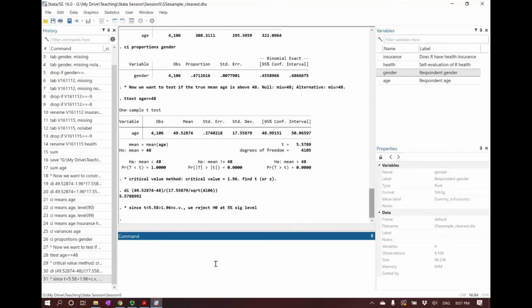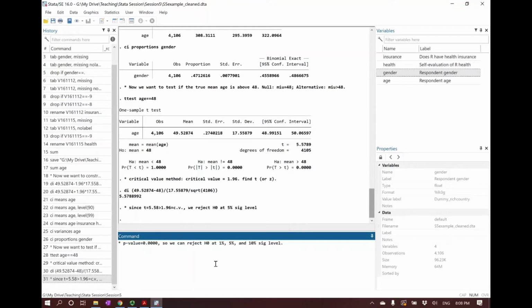So therefore, using the p-value method, you could just say, since the p-value is equal to 0.0000, we can reject h naught at 1%, 5%, and 10% significance level. Right.